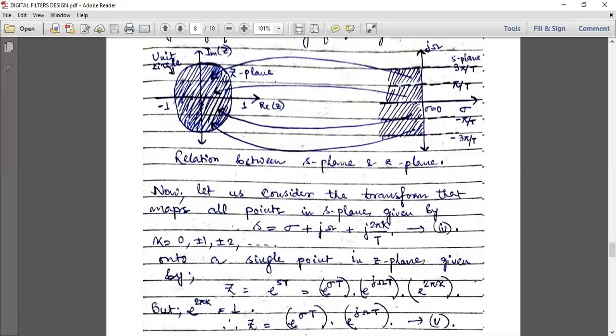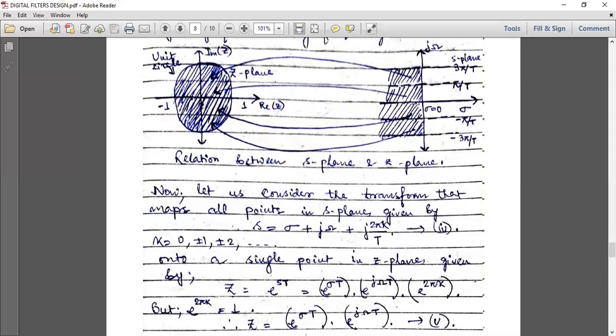So this point is mapped to a point on the unit circle in the Z plane as mod Z equal to 1. The equivalent of this point in the Z plane is denoted by mod Z equal to 1. Thus we can say that if sigma equal to 0, then R equal to 1, because R equal to e to the power sigma t. So if sigma is 0, then R will be e to the power 0. That means R will be 1.